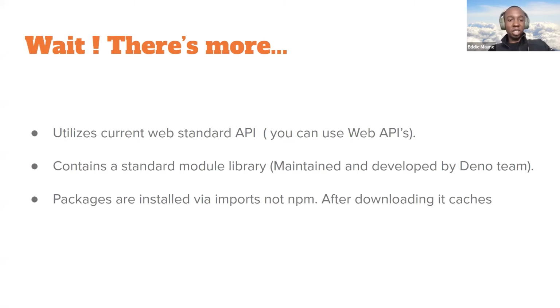If you go to the Deno website, you'll notice there's a standard library that comes with Deno, which you can use. Another thing is that packages are installed via imports and not npm. With Deno, there is no package manager. You just import from a URL.